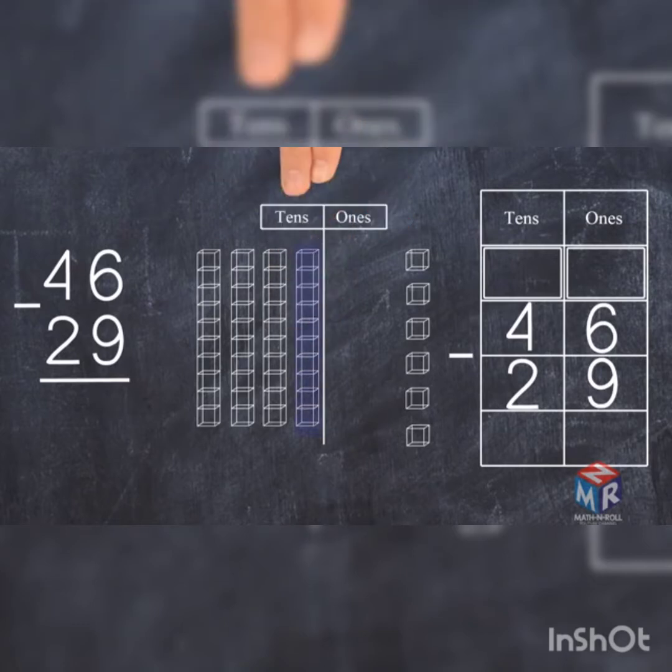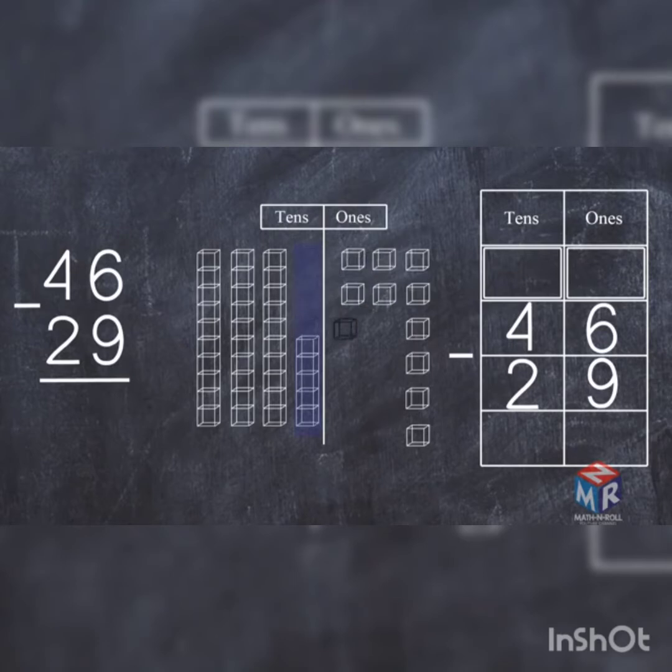So we borrow 1 ten into 10 ones. 1 ten means 10 ones. So now we have 16 ones.